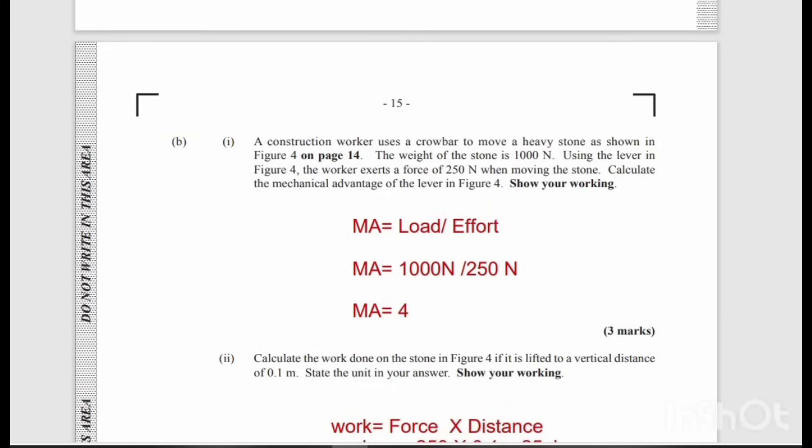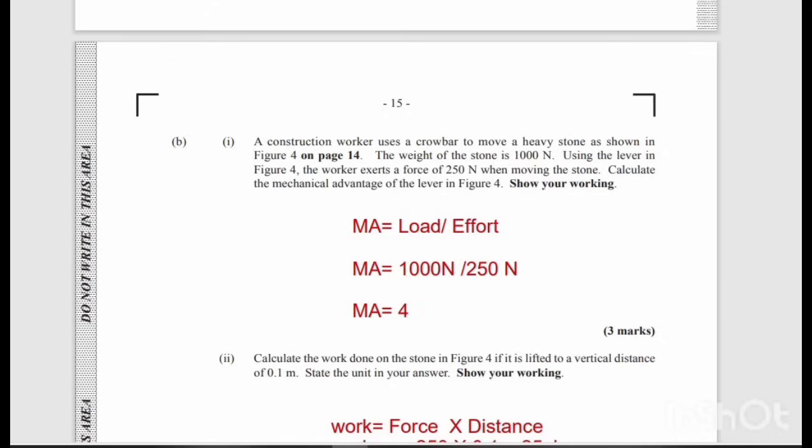Now the next part of the question says a construction worker uses a crowbar to move a heavy stone as shown in figure 4 on page 14. The weight of the stone is 1000 newtons. Using the lever in figure 4, the worker exerts a force of 250 newtons when moving the stone. Calculate the mechanical advantage of the lever in figure 4. Now the formula for finding mechanical advantage is load divided by effort.